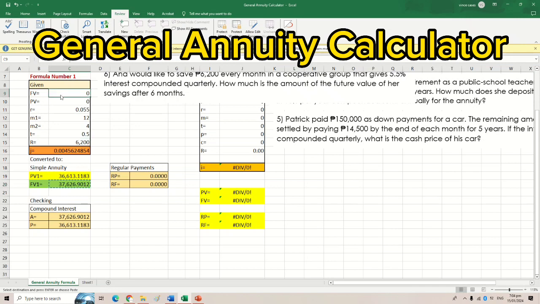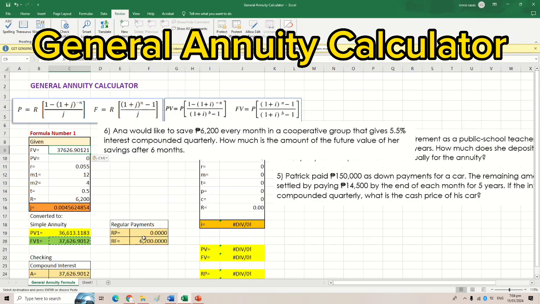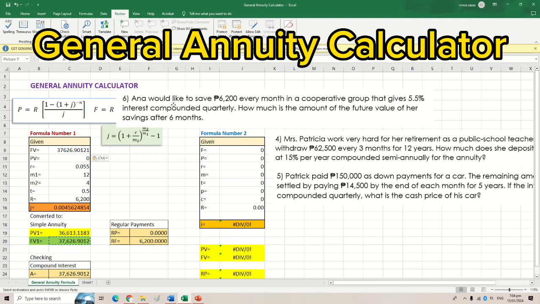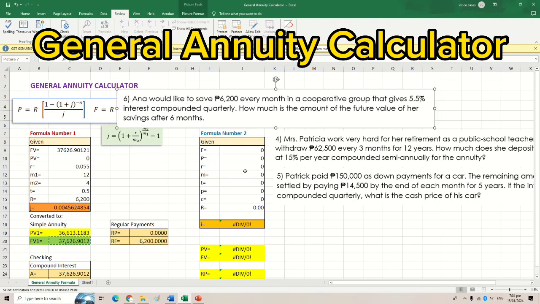The future value, let's check if it goes back to the original given, which is 6,200. Now let's use the second formula. Let's check it out. First, we have our R, which is 6,200. And then we have our interest rate, which is 0.055.